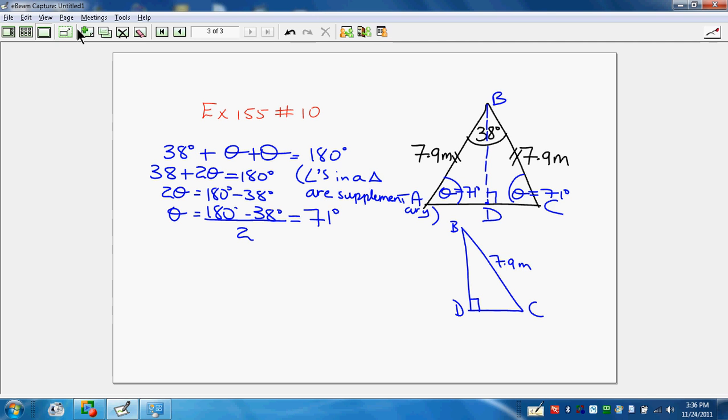We know the angle located at C is 71 degrees. And we have to find BD. BD will be opposite to that 71 degrees. And 7.9 meters, which is BC, will be opposite to the 90 degrees, which means this is the hypotenuse.